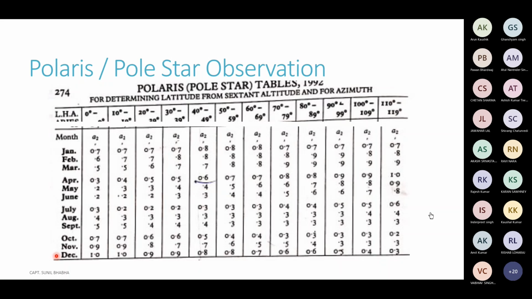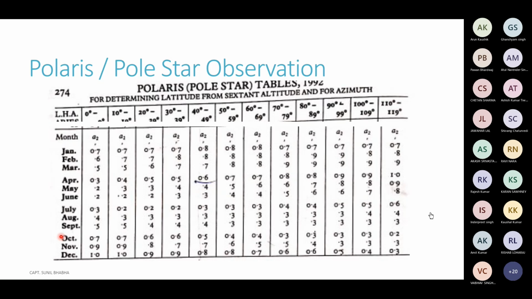So whichever month you are taking the sight, basis that month you enter into the table, and you follow the same column which you entered basis LHA Aries from the top. The same column is maintained till the end of the table vertically downwards, and A2 correction is obtained by entering with the month of the sight.